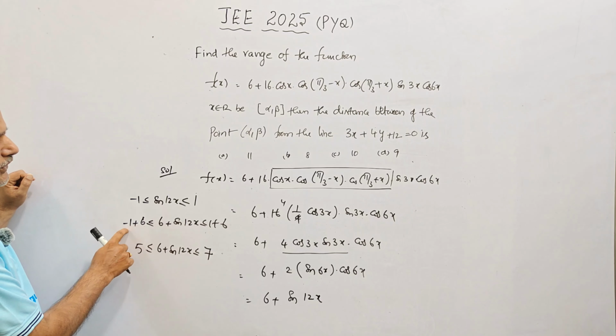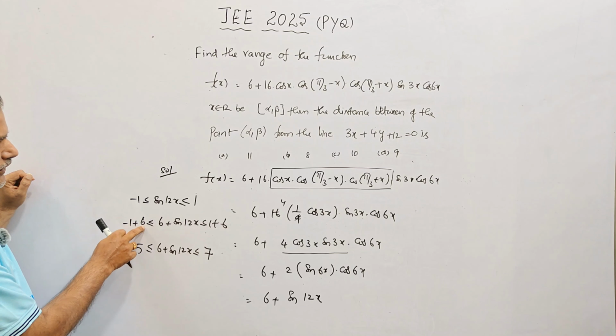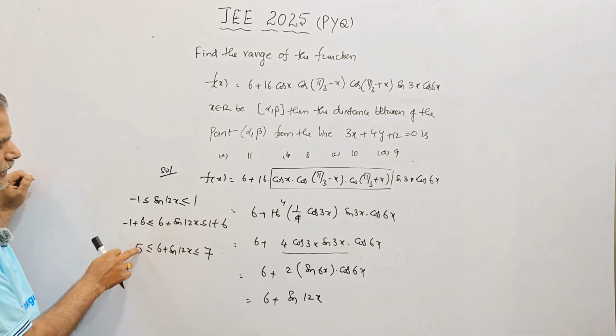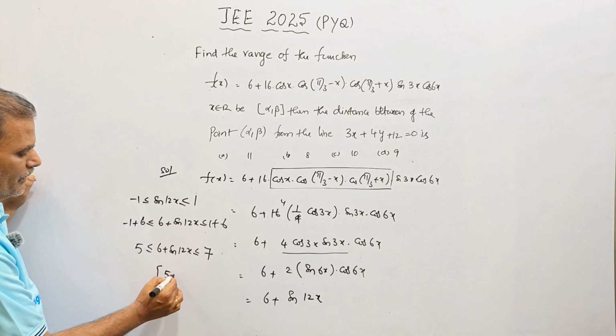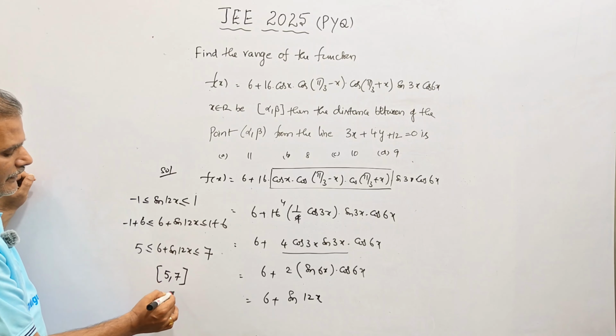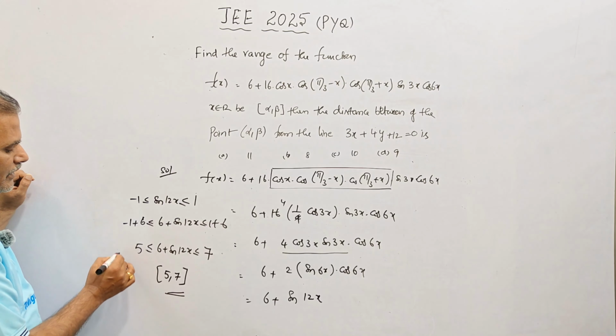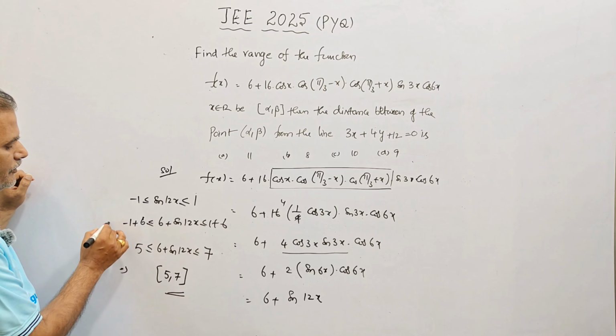Therefore finally we obtained the interval 5 comma 7. This is the range of the given function, 5 comma 7.